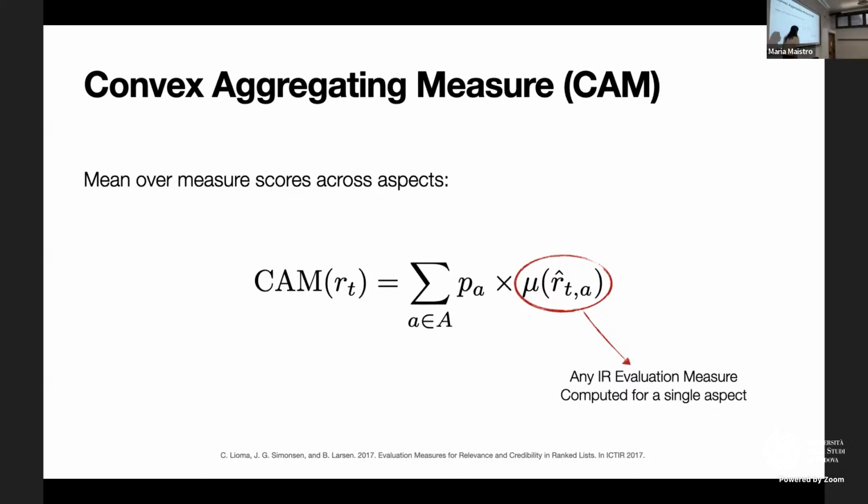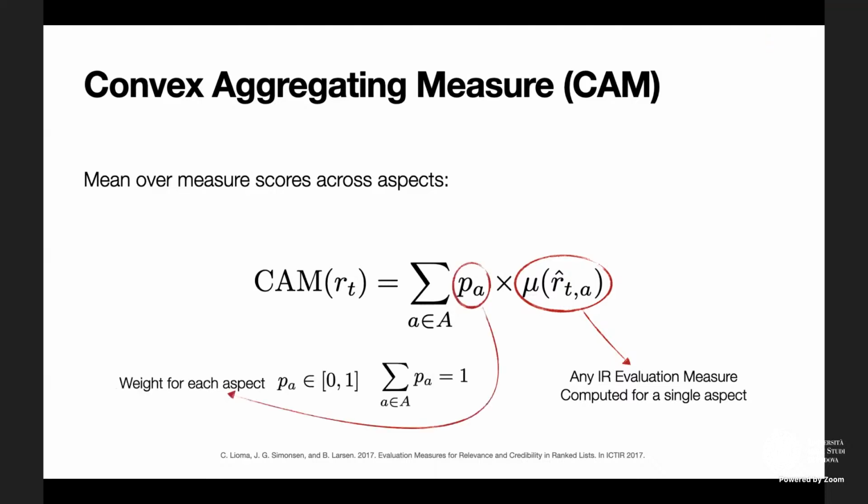And then, as I said, for each aspect, it can be relevance or correctness, you compute a score and then just take a weighted average, where this is a parameter that you can decide depending on how much weight you want to give to each aspect.